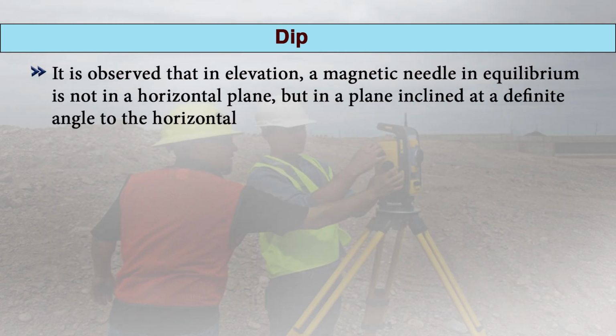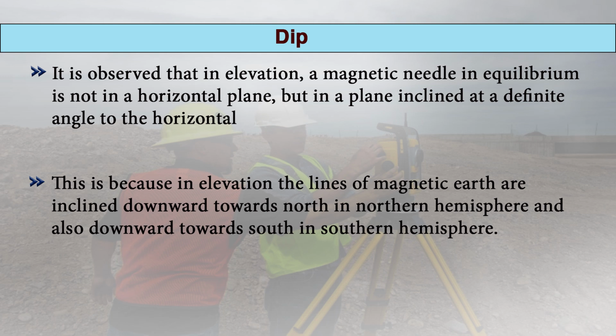It is observed that in elevation, a magnetic needle in equilibrium is not in horizontal plane, but in a plane inclined at a definite angle to the horizontal. This is because in elevation the lines of magnetic earth are inclined downward towards north in northern hemisphere and also downward towards south in southern hemisphere.